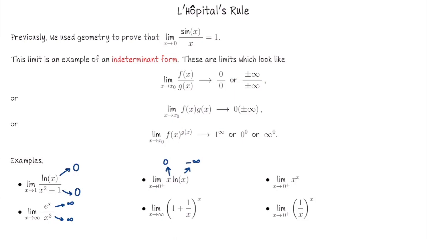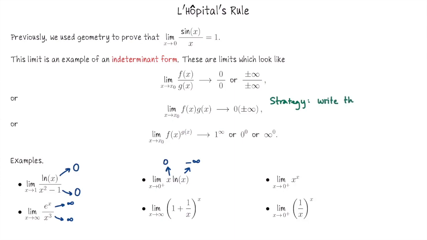Let me go ahead and give you a preview of what the strategy will be to compute this type of limit. Our strategy is that if, say, f is going to 0 and g is going to infinity, then 1 over g is going to 0.